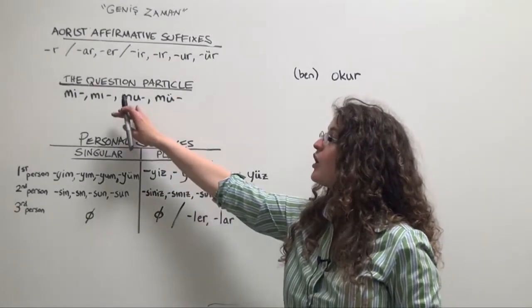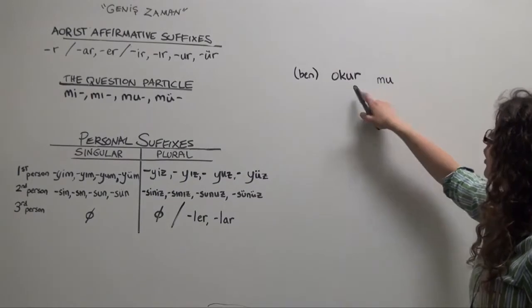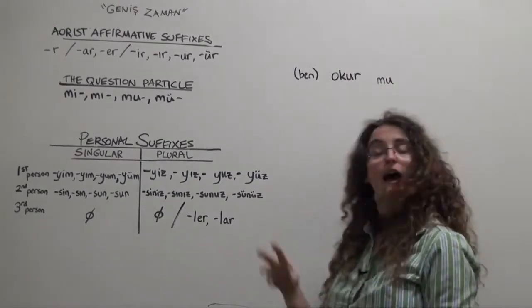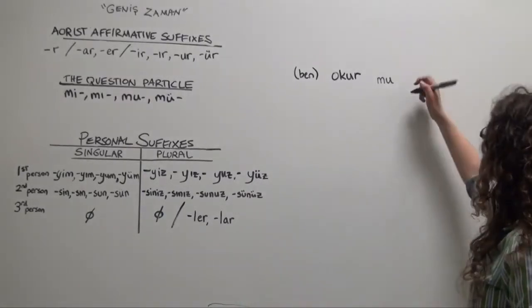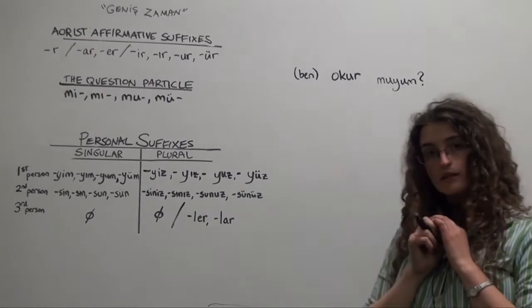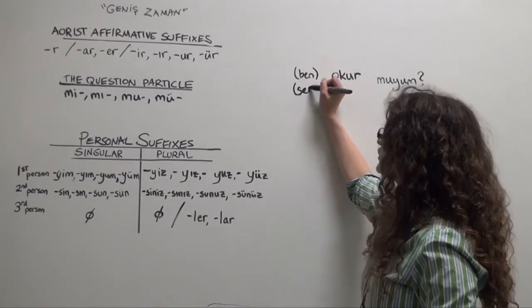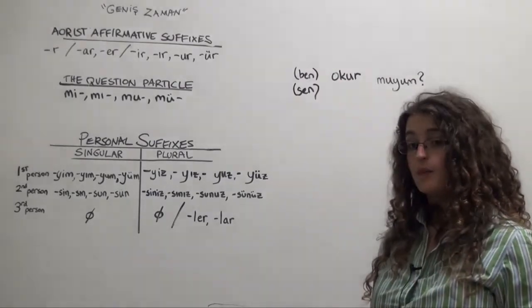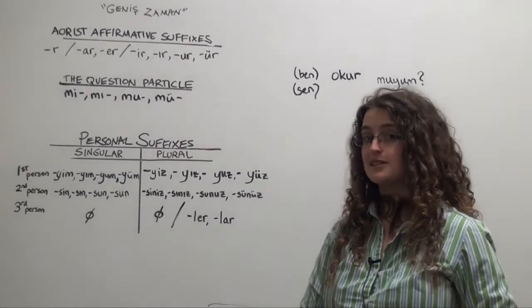Okur mu, four-way vowel harmony, okur mu, and we'll simply add the appropriate personal suffix directly to the question particle. So, okur muyum, do I read, with the full range of meaning implied by the aorist's name, the Geniş Zaman, the broad tense.